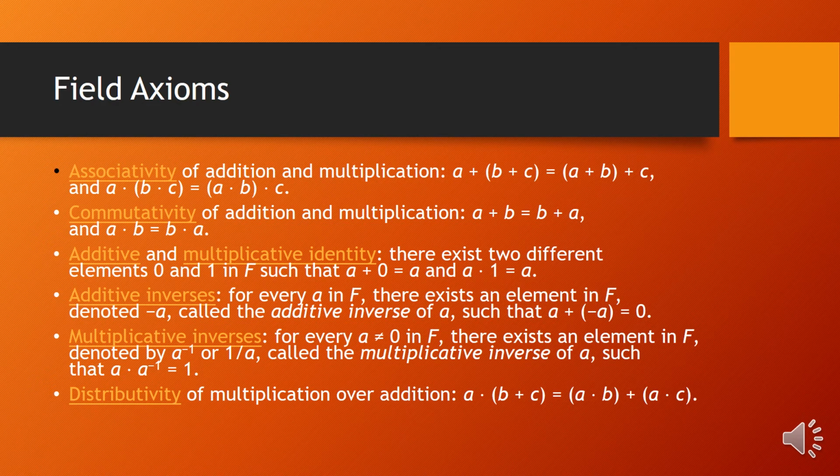And it is called the multiplicative inverse of a, such that a × a^-1 = 1. Distributivity of multiplication over addition: a × (b + c) = (a × b) + (a × c).